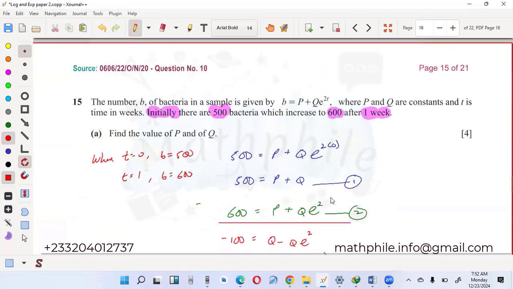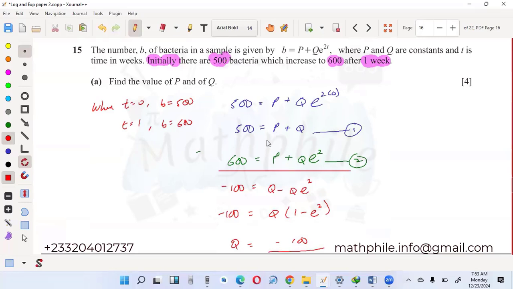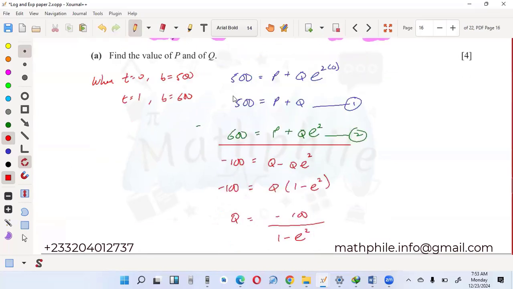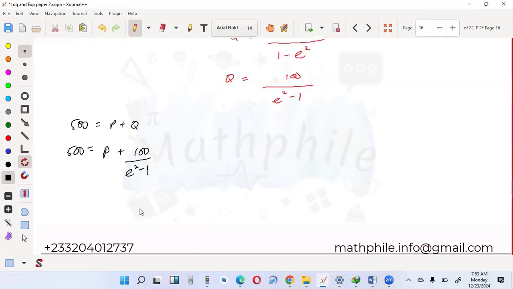Okay. Let's use the mouse. Let's continue that way. Then you can find p by putting this into equation 1. So equation 1 says that 500 is equal to p plus q. So this will give you 500 equals p, which we don't know, plus q, 100 over e squared minus 1.